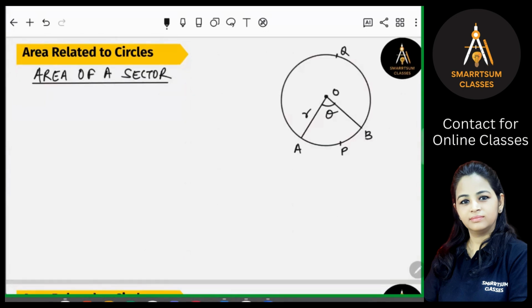Now let's see what is the area of a sector. You can see a figure here. Now let's find out how we can relate this area.